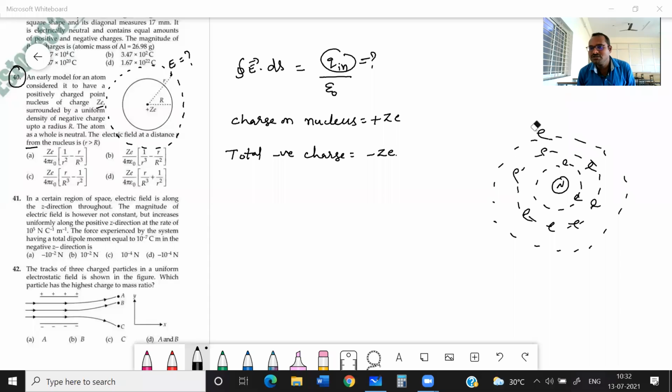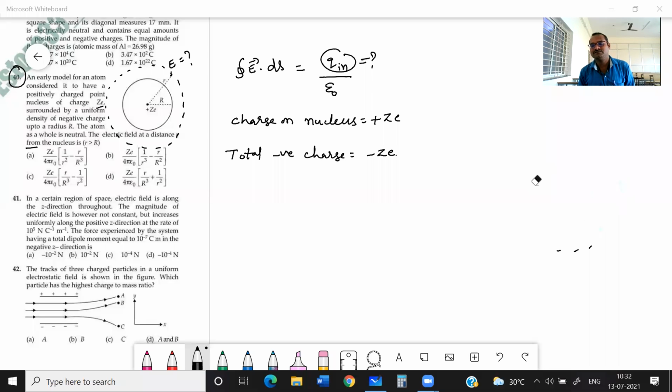That means this charge Q is uniformly distributed around the nucleus. That means we need to take volume charge density, because it is a solid sphere, a three-dimensional view. So let us take a volume charge density, rho. What is rho? Rho is given as charge per unit volume. How much charge is there?